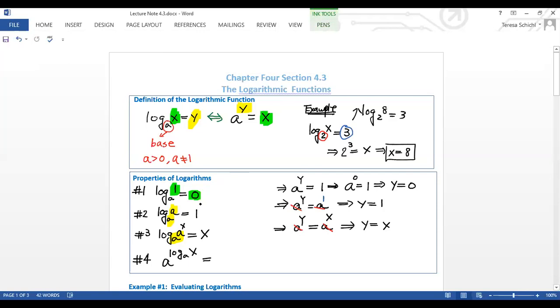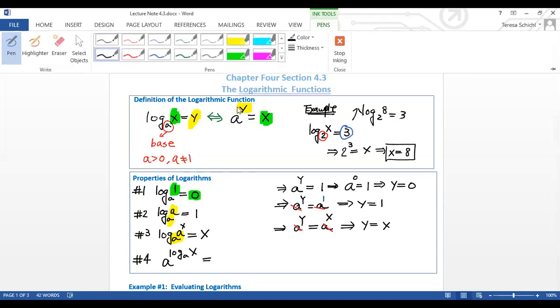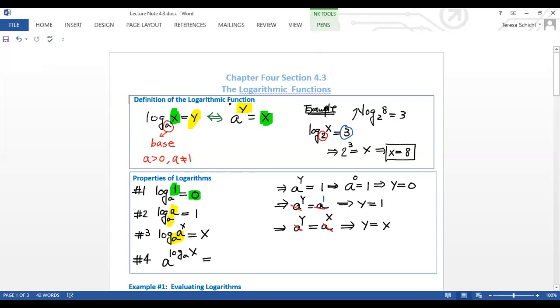I'm going to use the exponential definition to try to find my solution here. So this is a to the y, where y is the log, so a to the y is equal to x. That's why I'm going to try to find the x here.